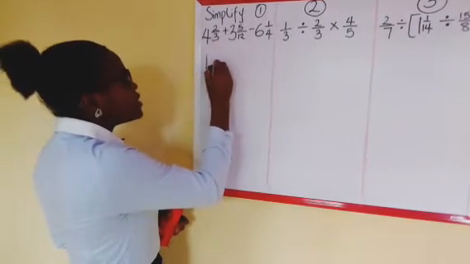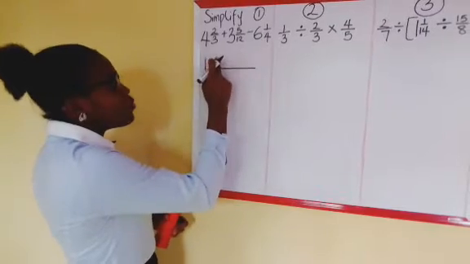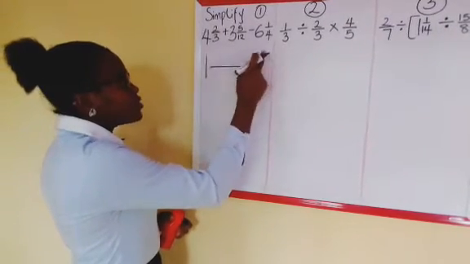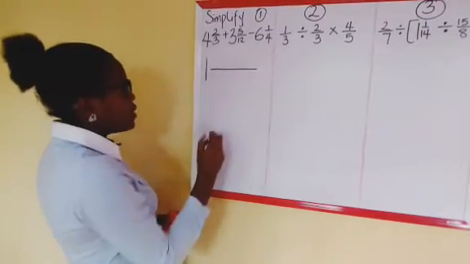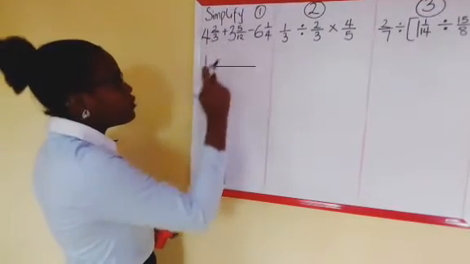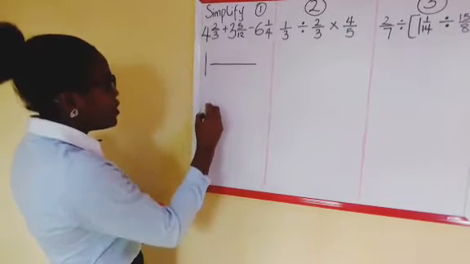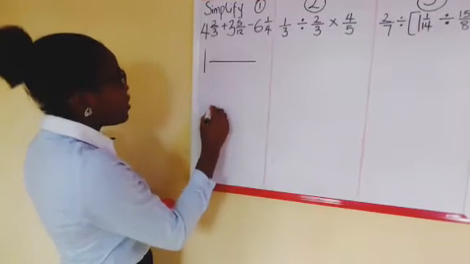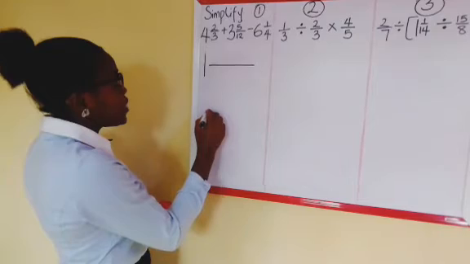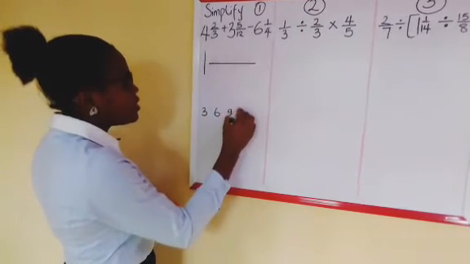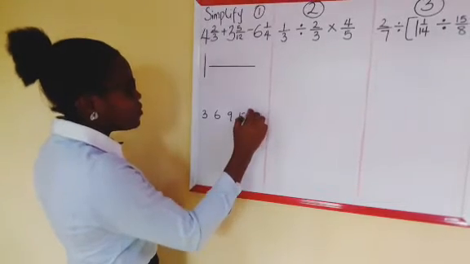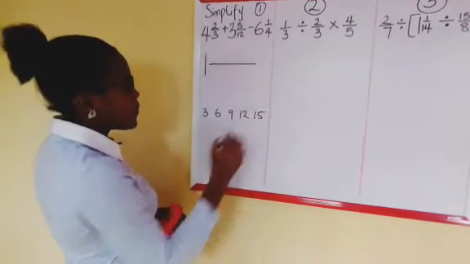Now let's find the lowest common multiple of the denominators. That is 3, 12, and 4. To find the lowest common multiple, it goes this way. The multiples of 3 are 3, 6, 9, 12, 15.